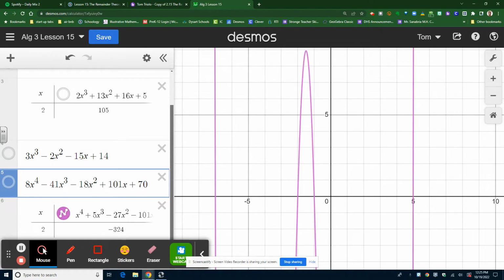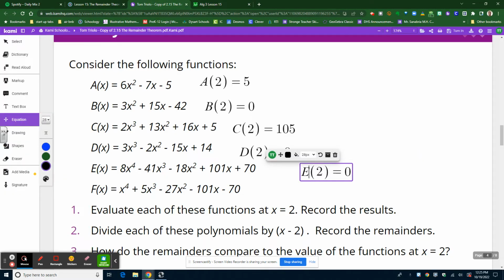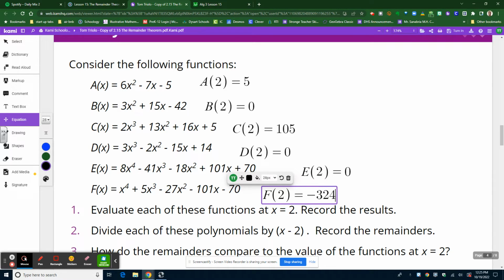But eventually, it does come back up because this is a 4th degree equation with a leading coefficient that's positive, which means it should be up on both sides. Okay? All right. So F of 2 is equal to -324.